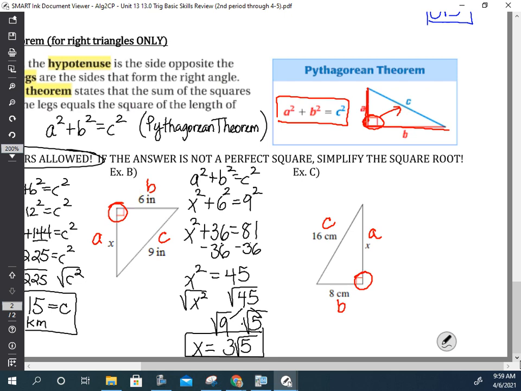All right, example C. So again, we got the labeling already. So now we use Pythagorean Theorem. So x squared plus 8 squared equals 16 squared. So x squared plus 64. 16 to the second power, 256.